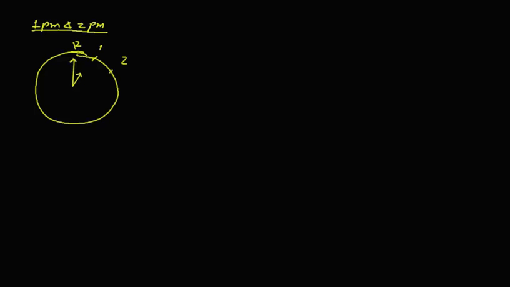Fine. If you observe, the minute hand is 30 degrees behind the hour hand. So first of all, the minute hand will gain 30 degrees over the hour hand. There will be a situation wherein the minute hand and hour hand coincide, and then it will gain a further 90 degrees to make an angle of 90 degrees between 1 p.m. and 2 p.m. So in total the gain has to be 30 plus 90, that is 120 degrees.